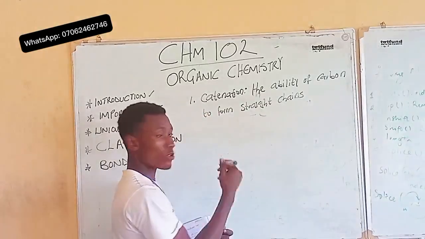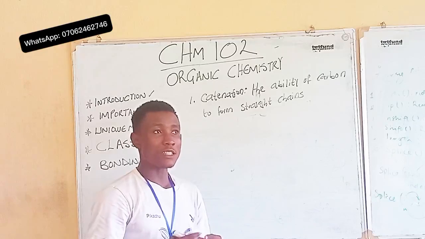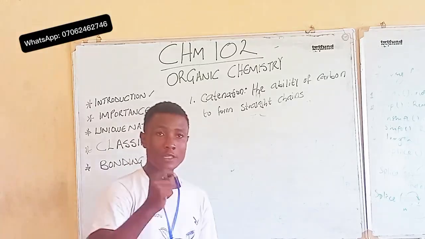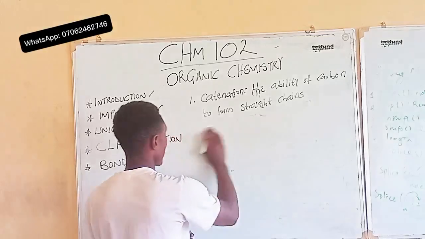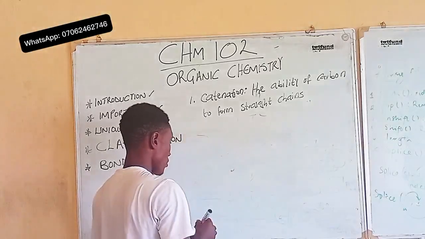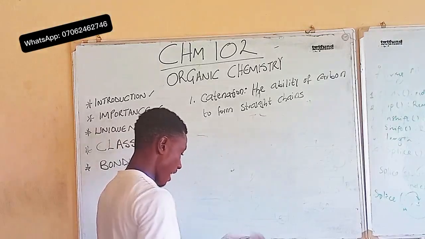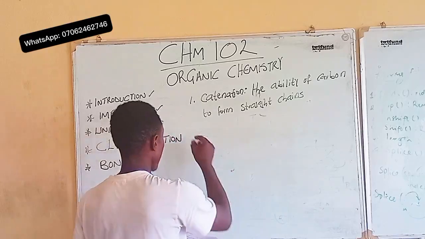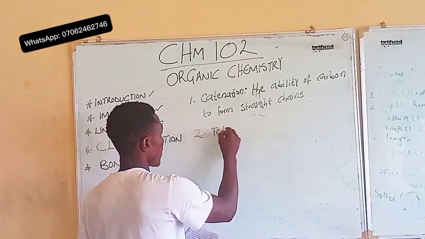You also have tetravalency. When you hear tetravalency, it is telling you what? Four. We have mono, di, tri, and we have the word tetra. So tetravalency is the ability of carbon to form four covalent bonds with other atoms. We have number 2, which is tetravalency.